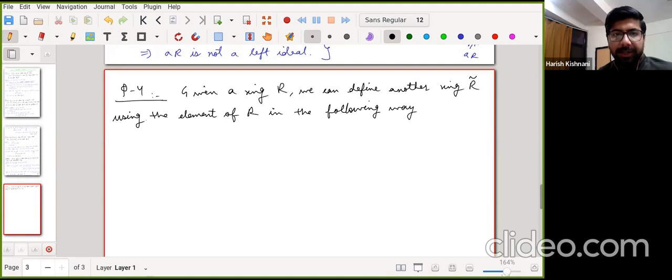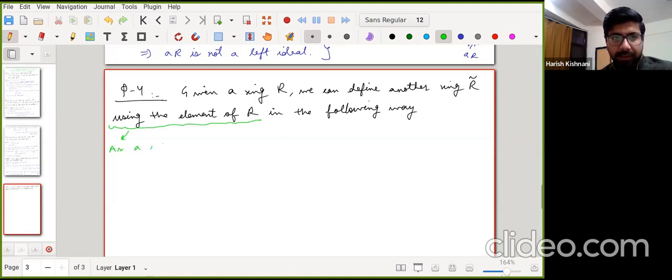What I mean by the phrase using elements of the ring is that as a set, R and R delta are going to be the same. I am having the same set and I'm just going to change the operations.